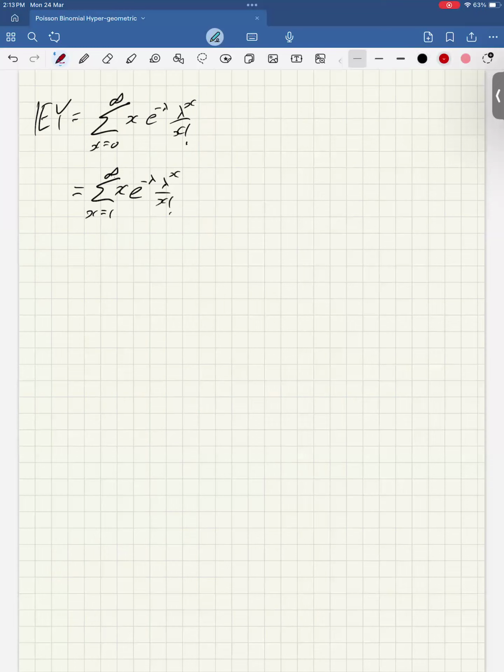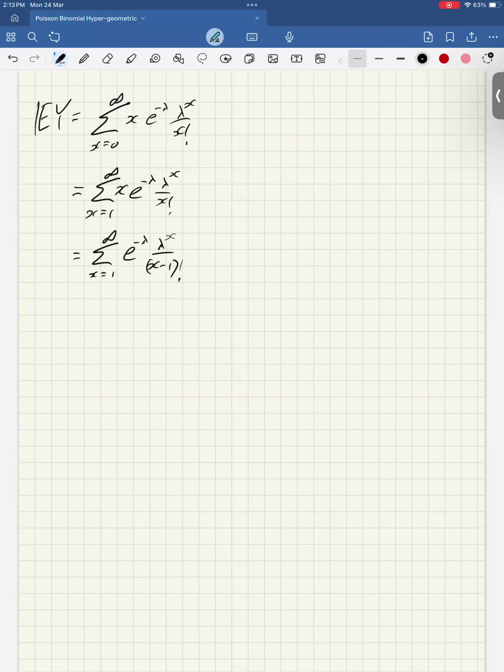Observe that this x and the highest multiplicand in x factorial are both x. So we can represent this as a summation x going from 1 to infinity of e to the minus lambda, lambda to the power x divided by x minus 1 factorial.